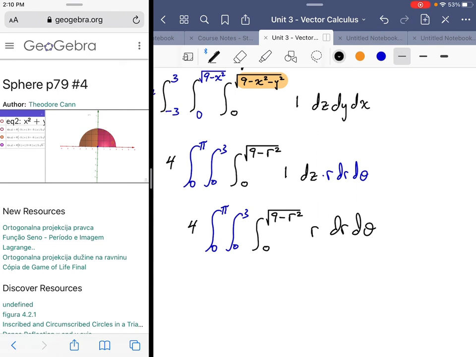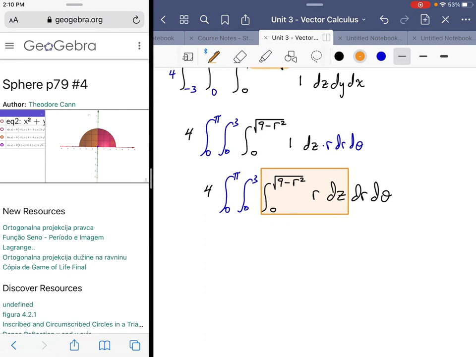Oh, sorry, I lost my z. All right, so the first step in the process going forward is going to be to integrate with respect to z. So that r is treated as constant, so we're looking at rz over the interval of 0 to the square root of 9 minus r squared.